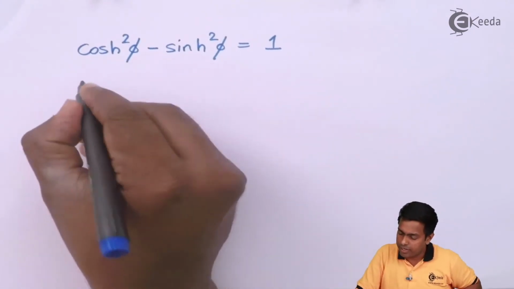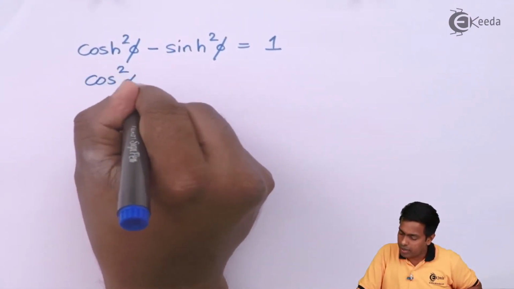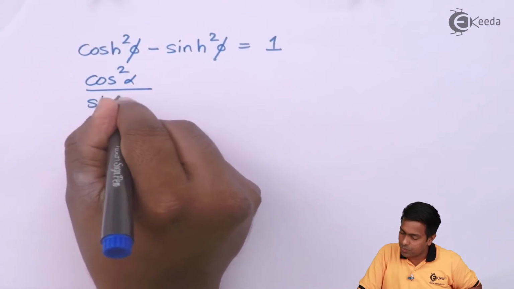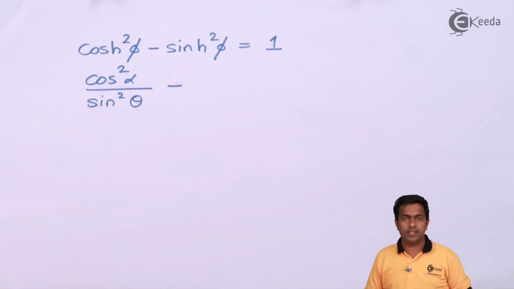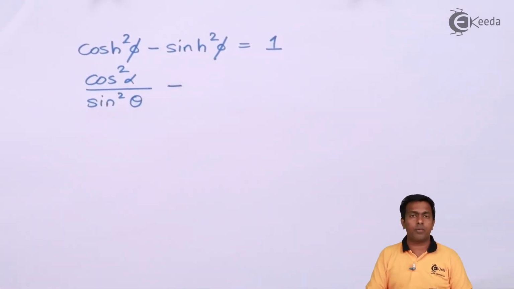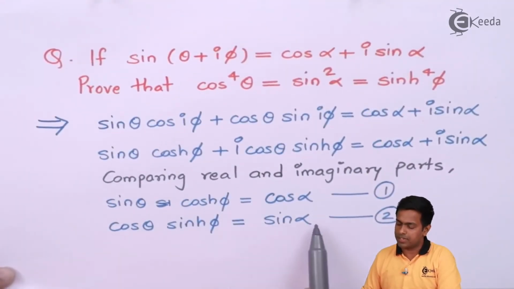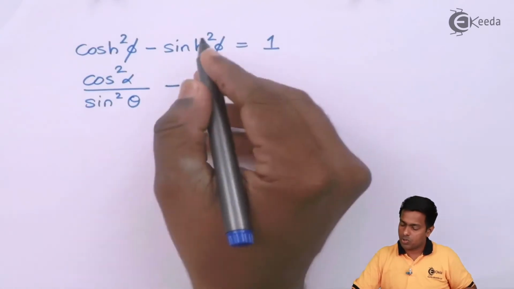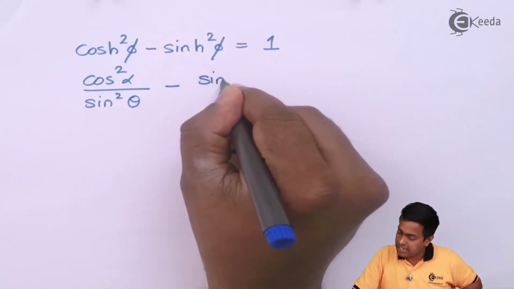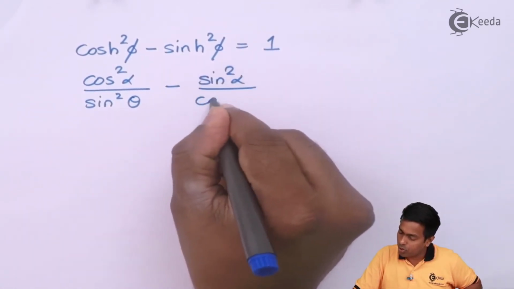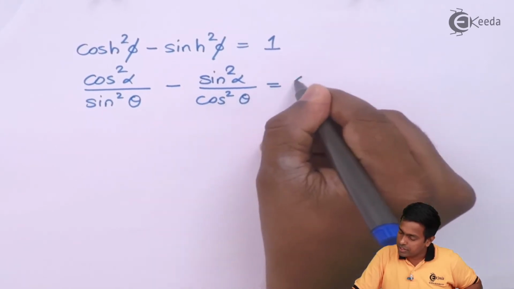If we square it, that will be cos square alpha upon sin square theta, minus, let's find out hyperbolic sin square phi. That will become sin alpha upon cos theta. So by squaring we'll get sine square alpha upon cos square theta, which is equal to 1.